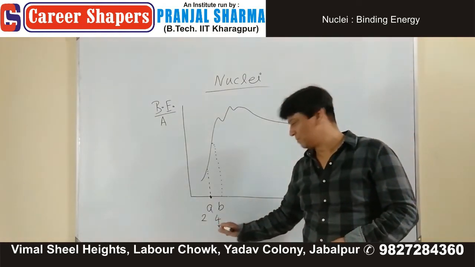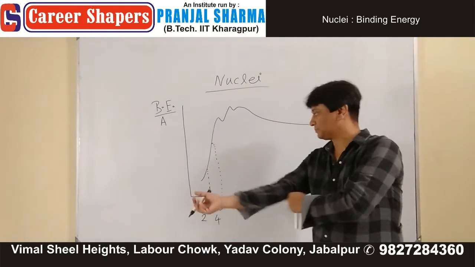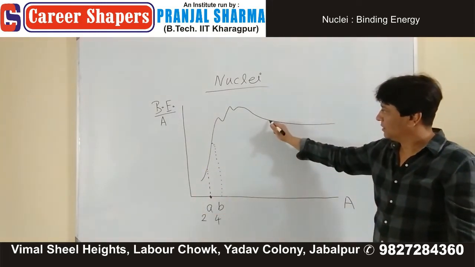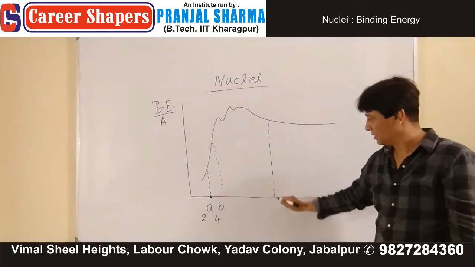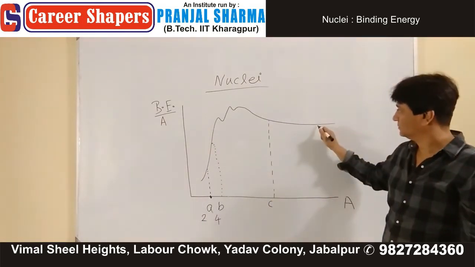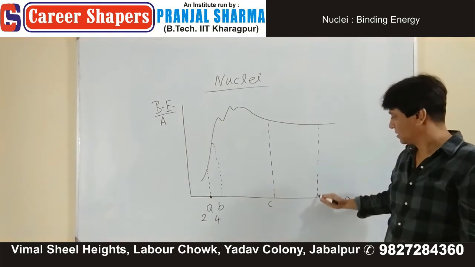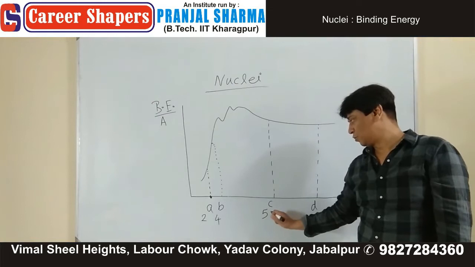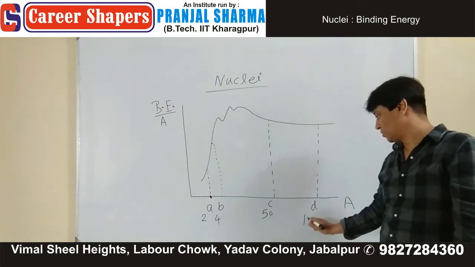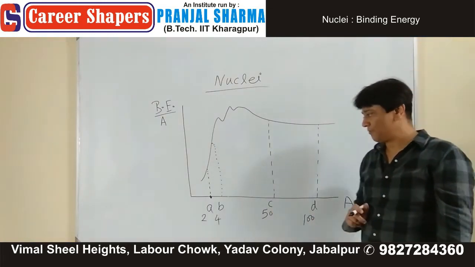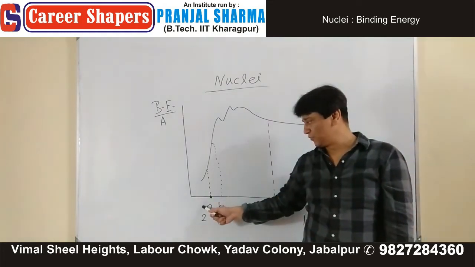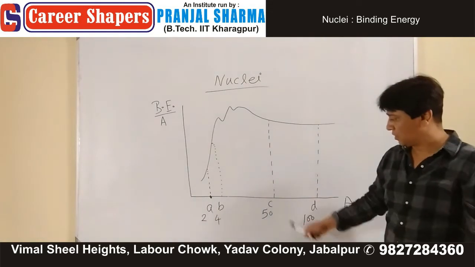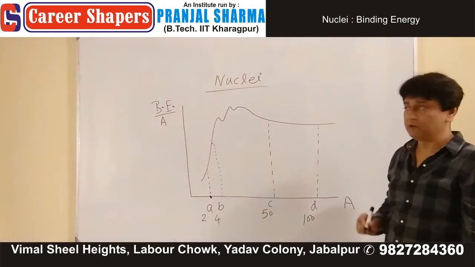This is 4, a different example. Not the previous one, a different example. This is C. This is D. Total number of nucleons 50, total number of nucleons 100. Total number of nucleons for A is 2, for B 4, for C 50, for D 100.